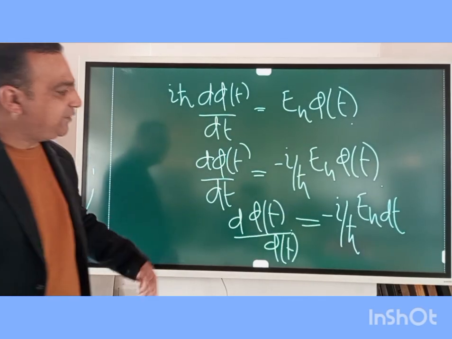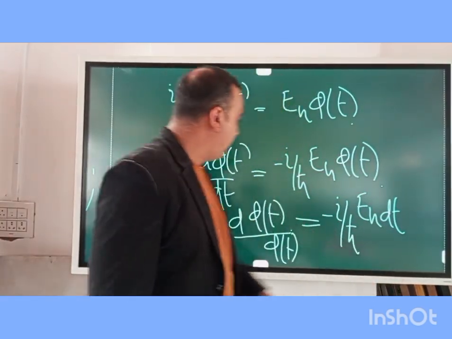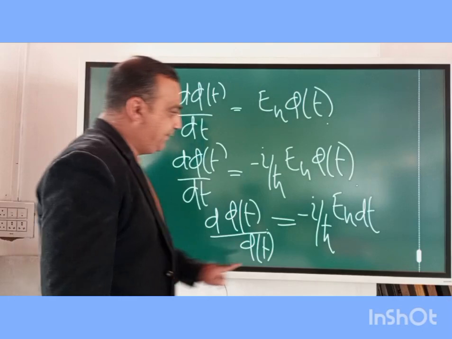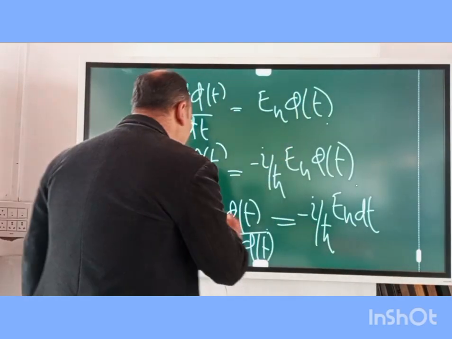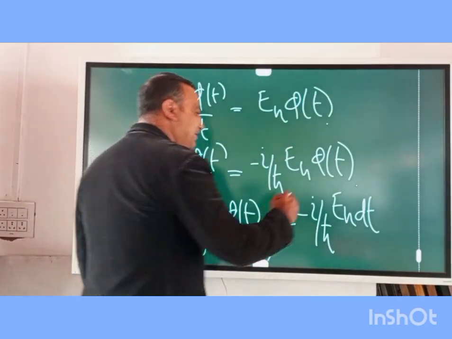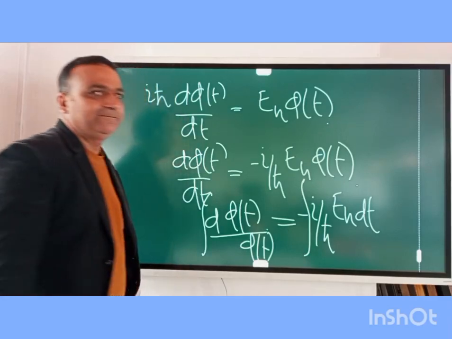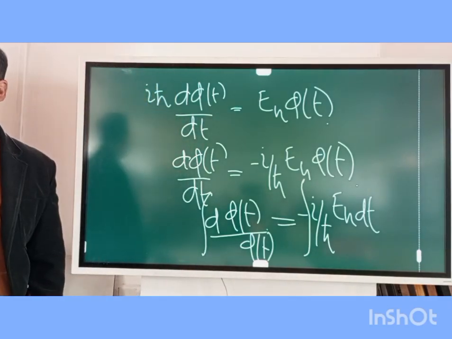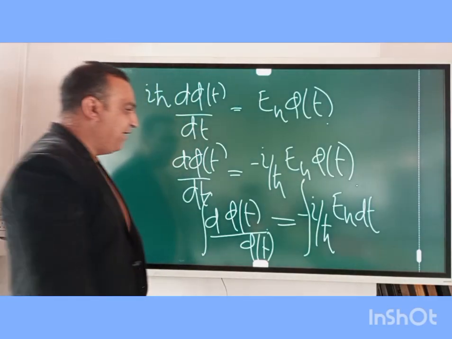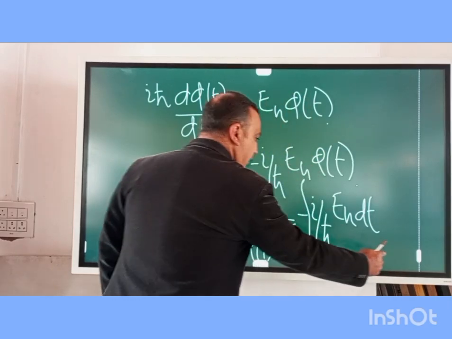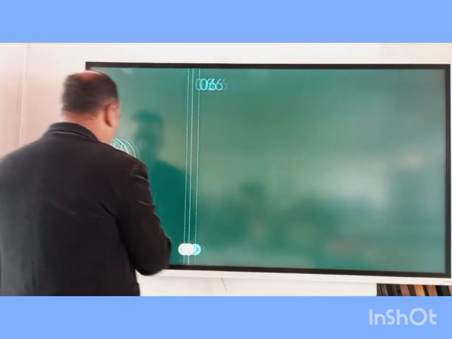So this is my equation, okay? Now, what I would like to do is integrate it. That's what I would like to do. And from here, what will we have? What is on the left hand side?